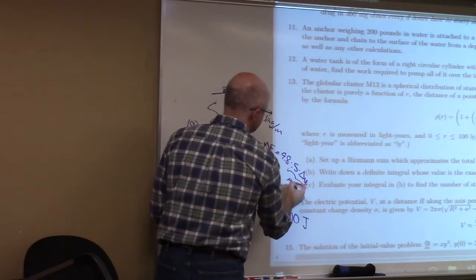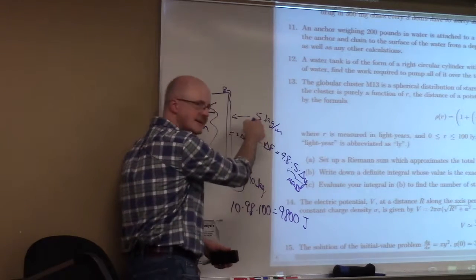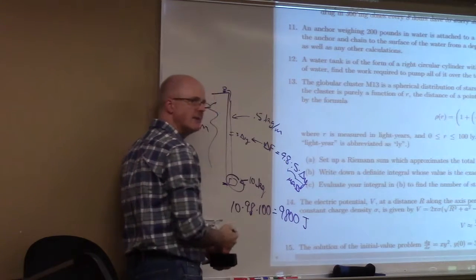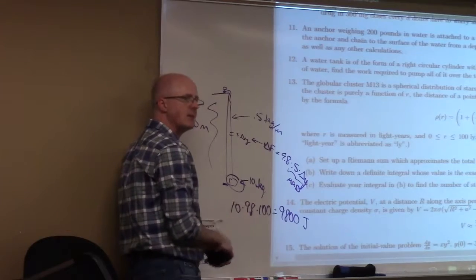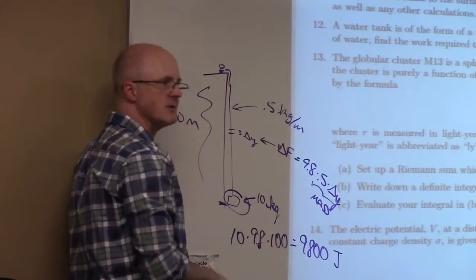There's the mass of that small piece, 0.5 times delta y, because we have a mass density. 9.8, the acceleration due to gravity, needs to come into play to make that a weight, a force. Weight and force are synonyms.